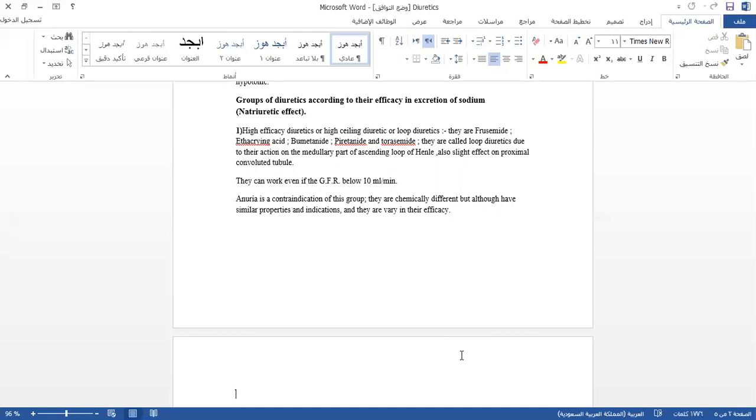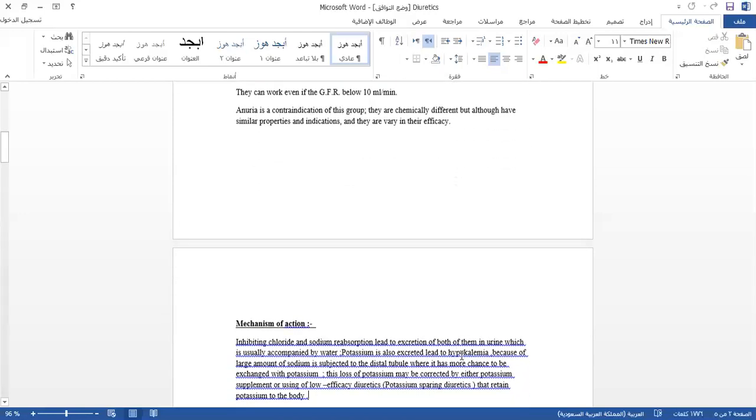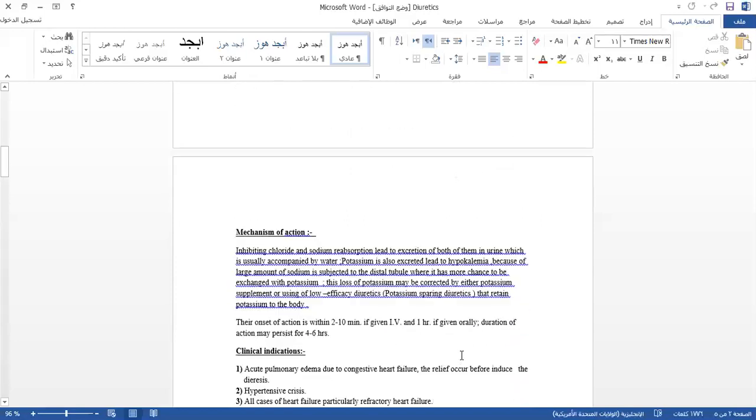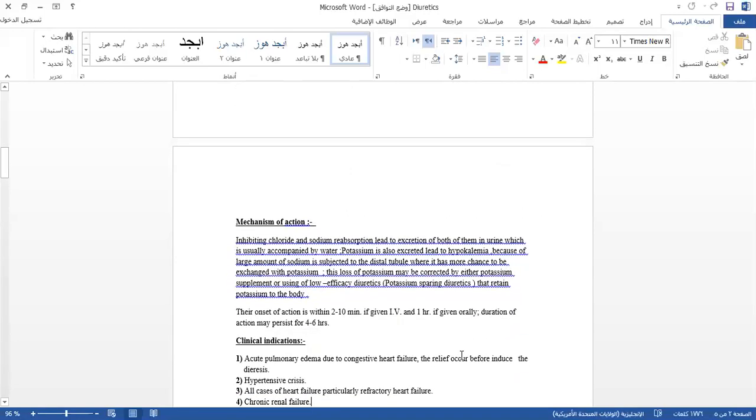They are chemically different agents, but have similar properties and indications. They also vary in their efficacy. Mechanism of action, as we mentioned: the major mechanism of action of high efficacy diuretics is inhibition of what? Chloride and sodium reabsorption.